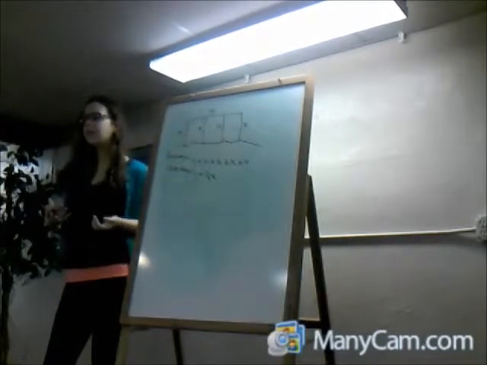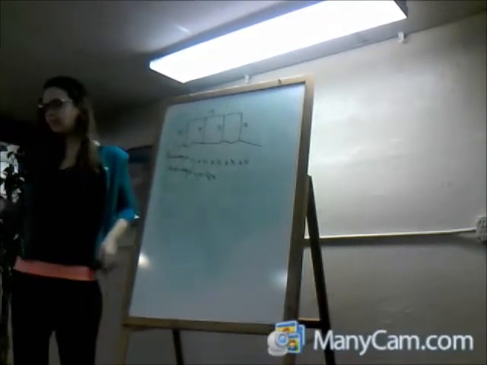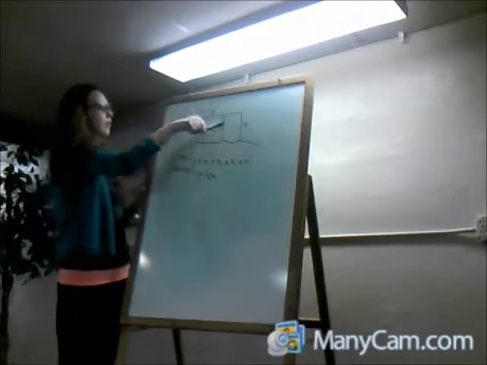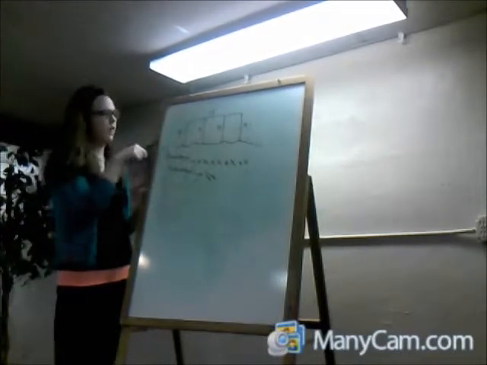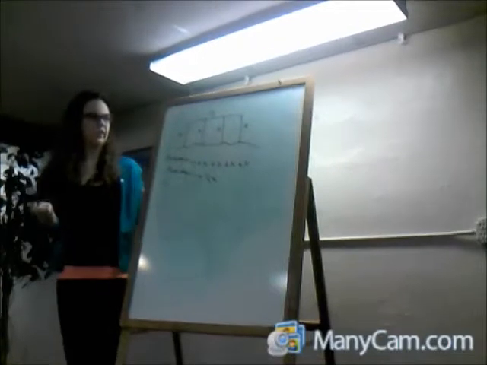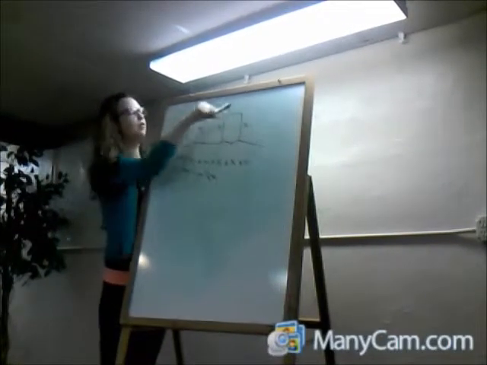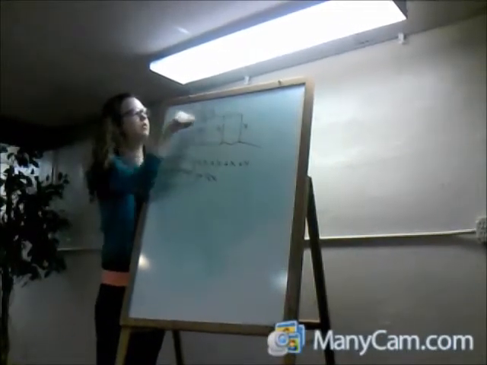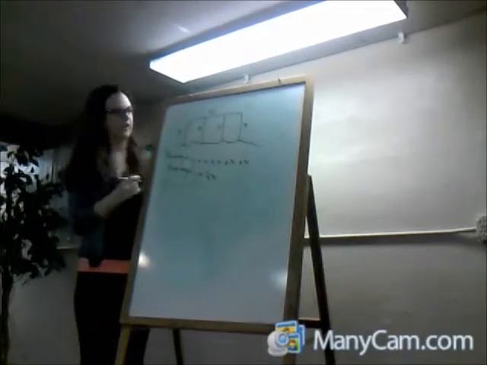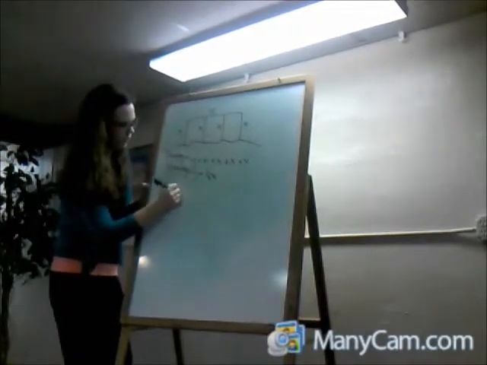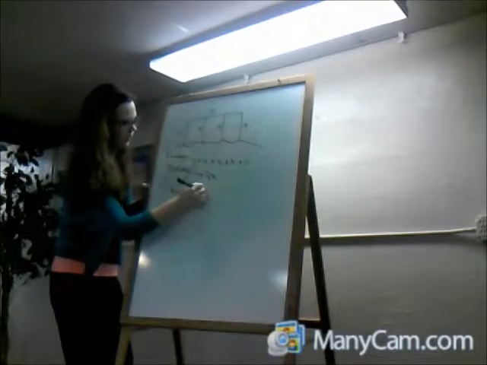Yeah, X times Y is 4,000. They tell us that the area of this closed-off region is 4,000. So we write an area equation: width times length equals 4,000. So X times Y equals 4,000.